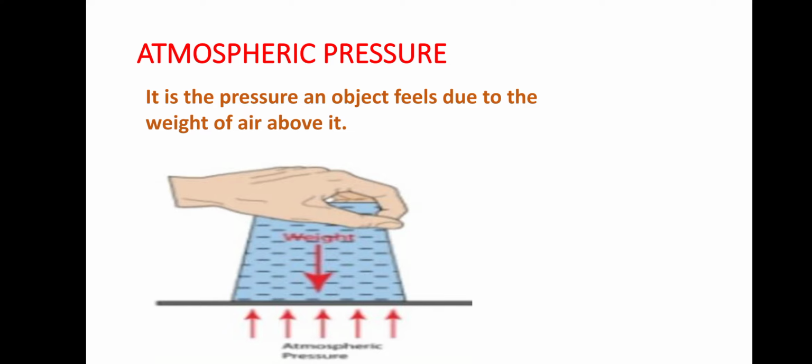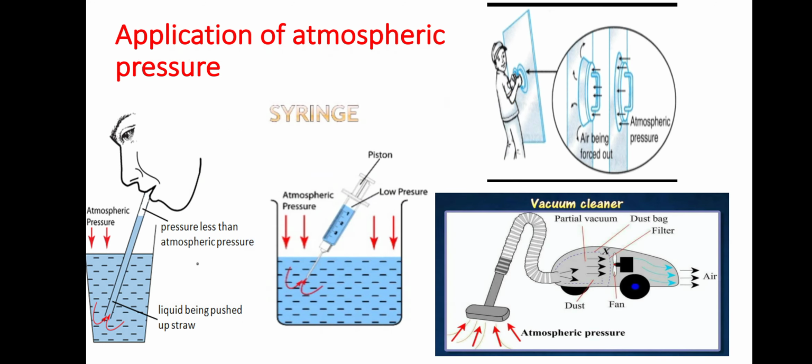Now let us see what atmospheric pressure is. Atmospheric pressure is the pressure which an object feels due to the weight of the air above it. Some applications of atmospheric pressure.